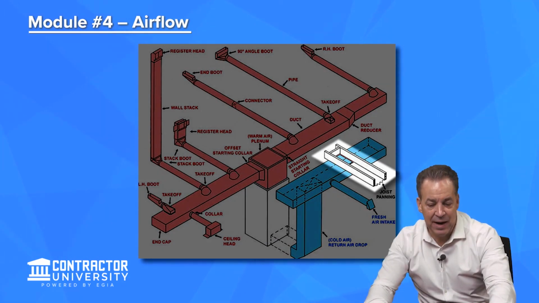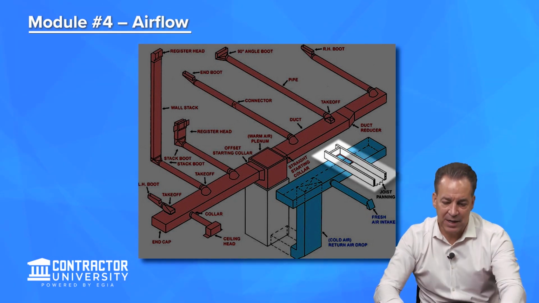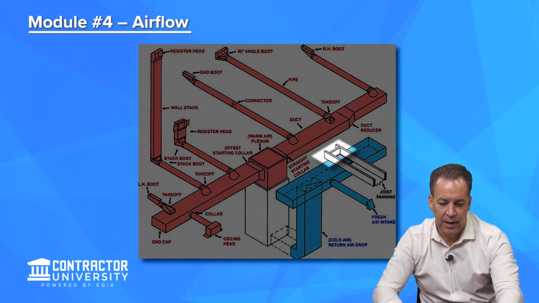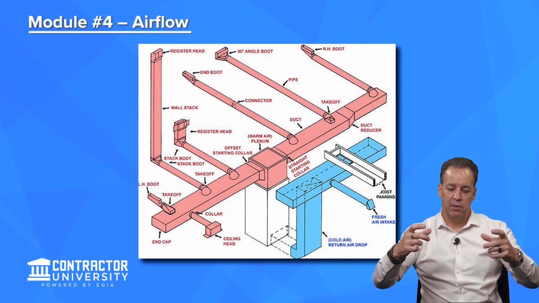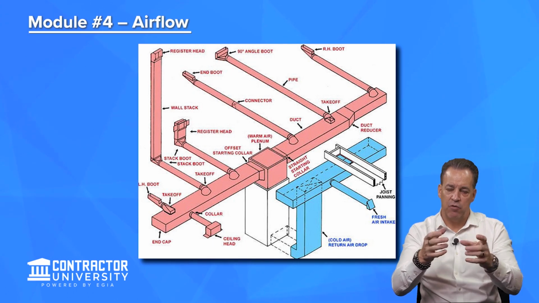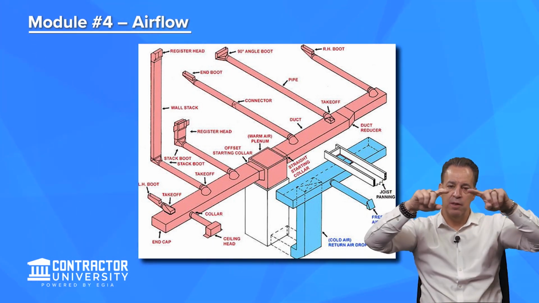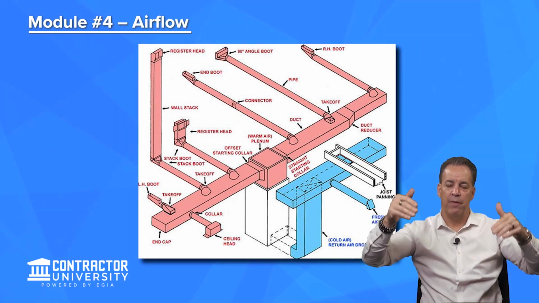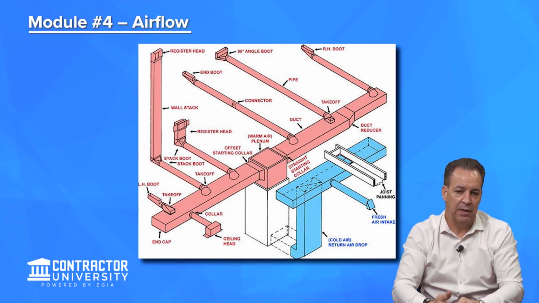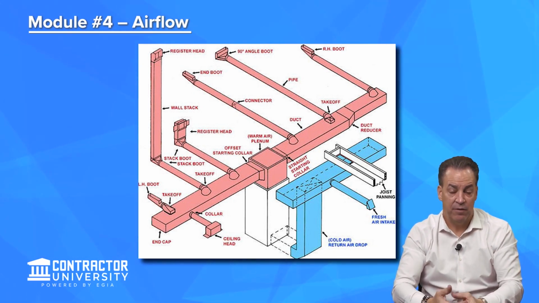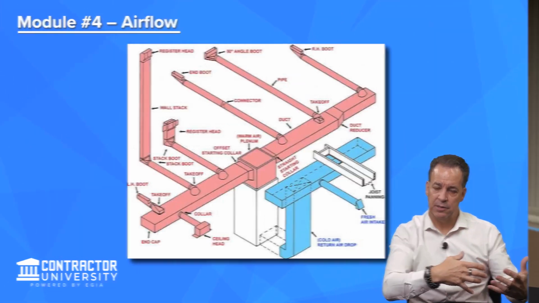There's the panning here in the joist bay, on the bottom of the joist bay, and then there's a cap right here, and then there would be a cap at this other end, and then there would be a hole cut in the floor, and then we would use the stud cavity between two pieces of drywall as, again, a chase or a channel, and then we would cut a hole in the drywall, and we would put a return grill on the wall. We use the joist space and the stud spaces and stud cavities, if you will, of the building structure to be duct conduits, air conduits.